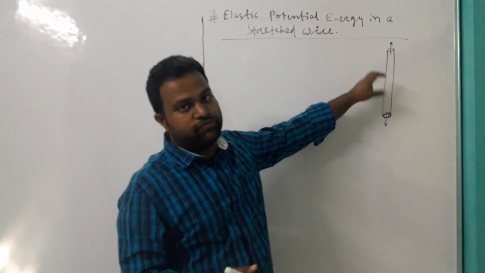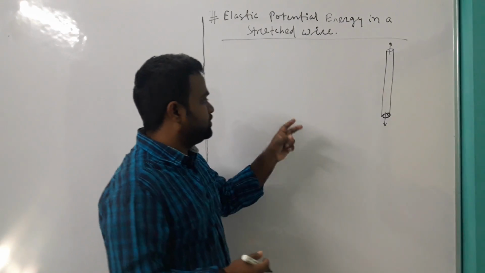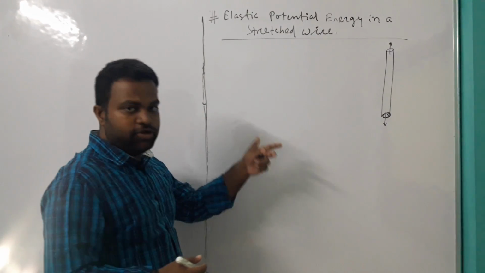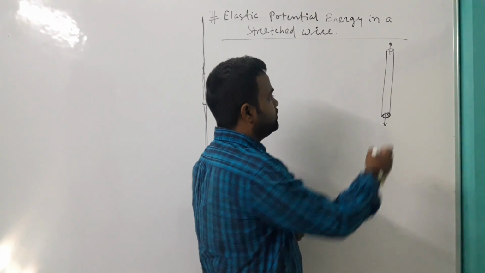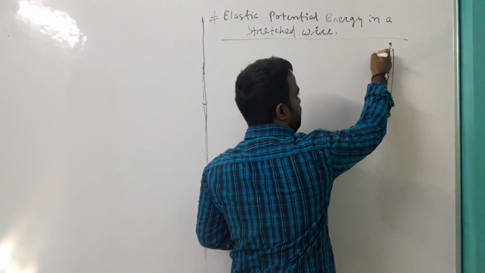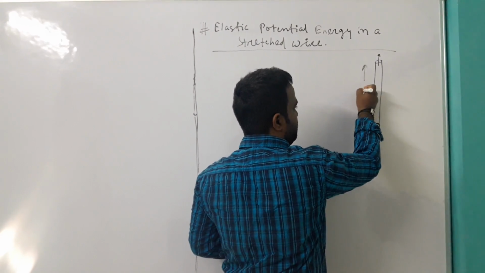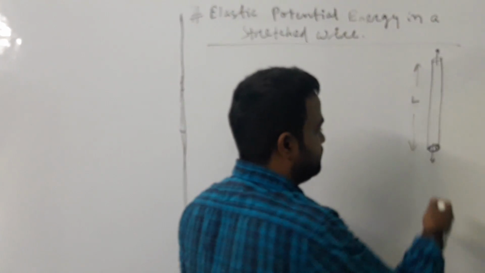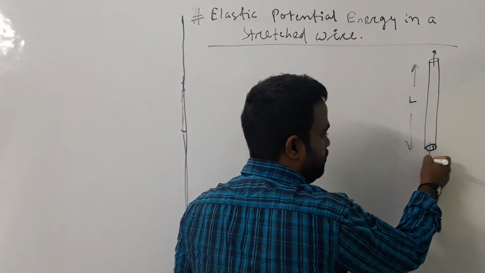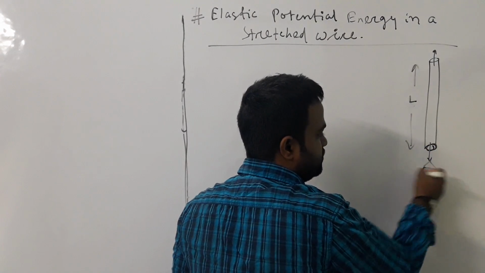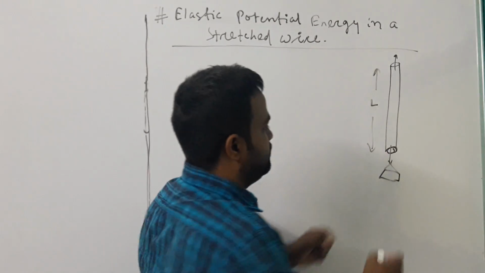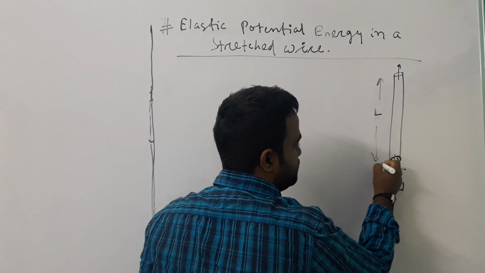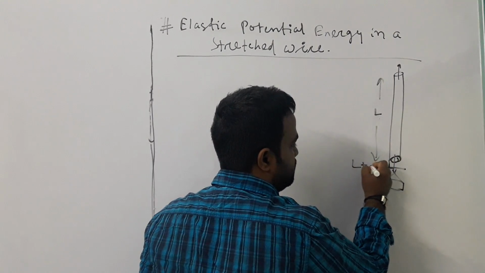Quantitatively, if we want to calculate the potential energy per unit volume of this wire, suppose this is a wire of length capital L. After I apply force on this wire, suppose I put some load on it, the wire gets elongated and its length increases to L plus small l.